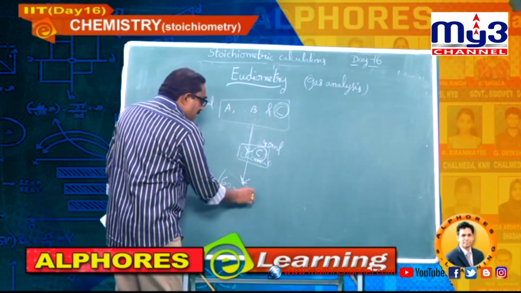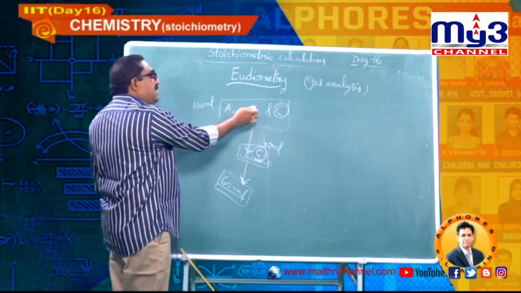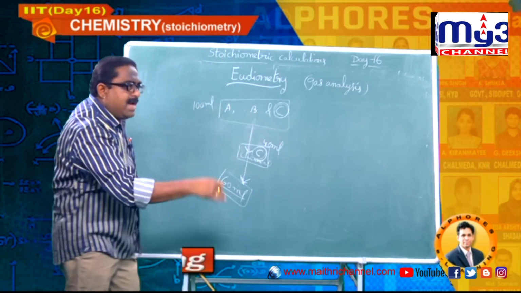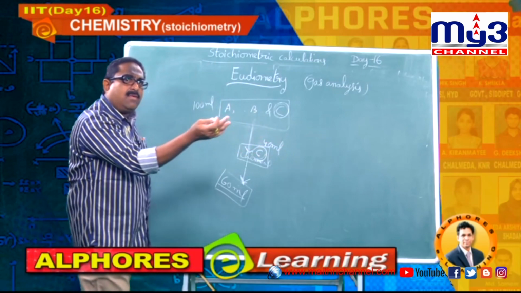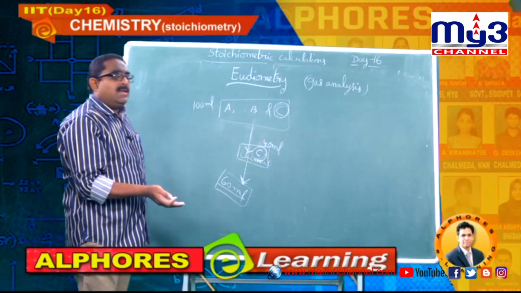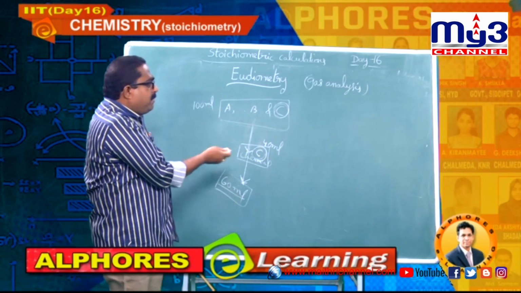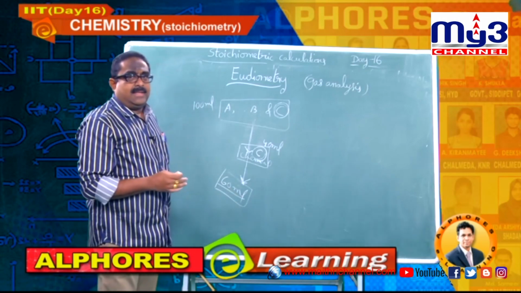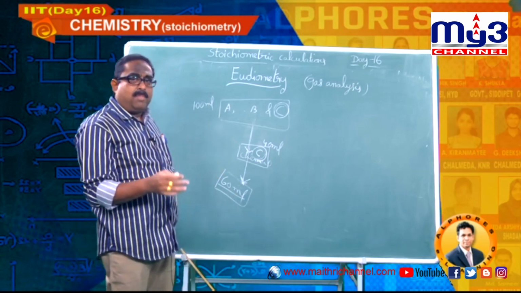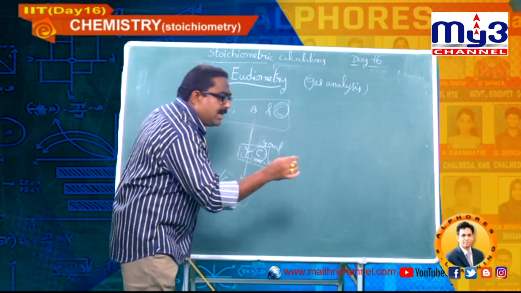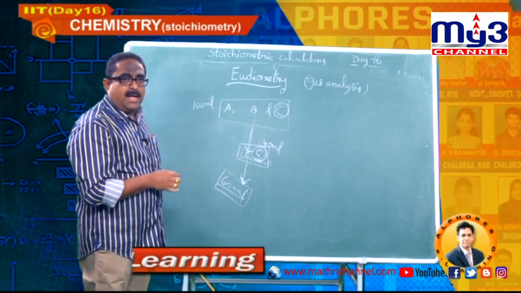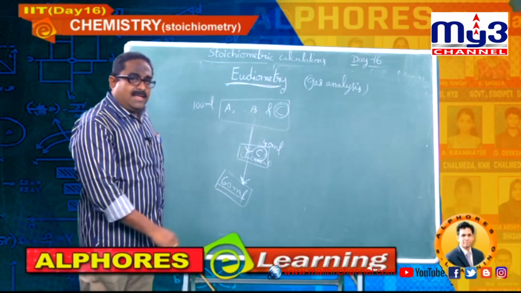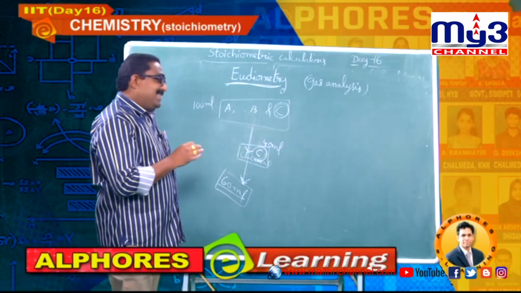Again this mixture is passed through some other absorbent which can absorb B. Some volume will decrease, and from the remaining volume you get the volume of B and C. This type of approach is called gas analysis. If you are doing this with the help of an iodometer tube calibrated in milliliters, then you can call that process iodometry.